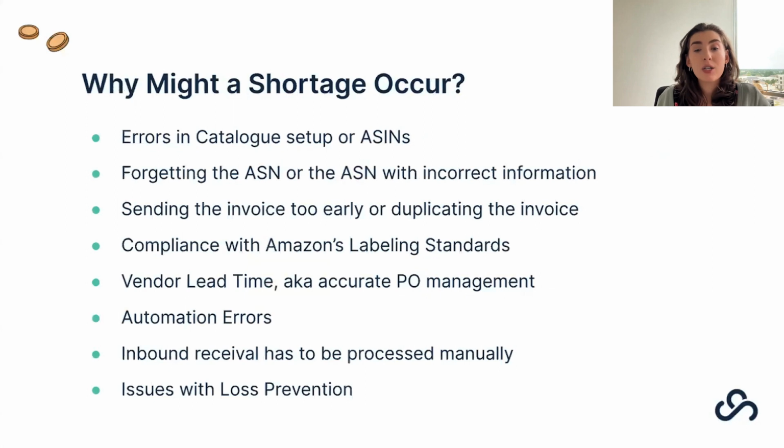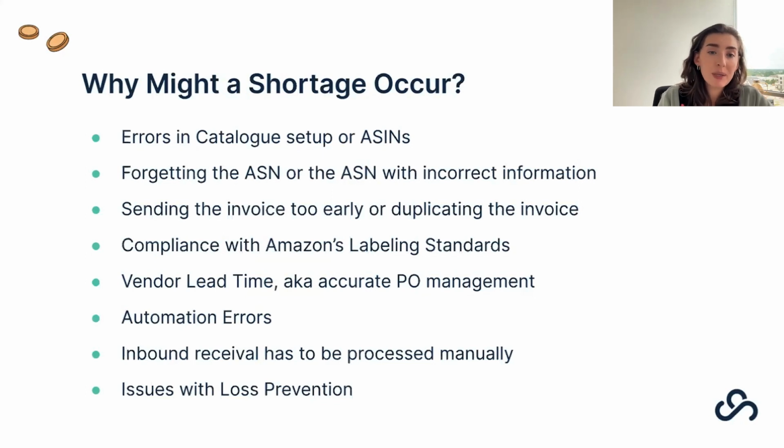So why might a shortage occur? I'm going to go through these as a root cause analysis. This can be a jumping off point for your team when it comes to understanding root cause, because there are a lot of areas where you have to start at the beginning and go all the way to the end when it comes to understanding the process and finding that root cause.